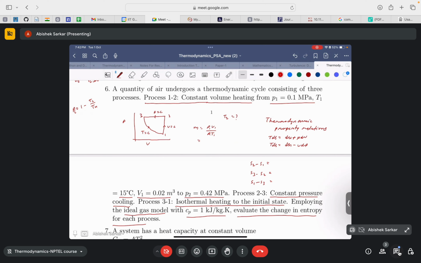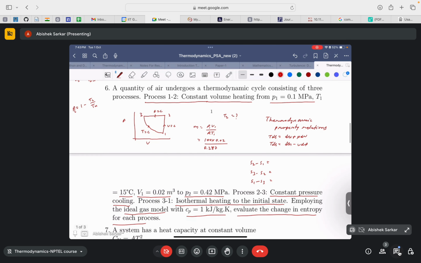P1 is 0.1 megapascal, so keep it in kilopascal, 100 kilopascal. V1 is 0.02. R is 0.287, something I didn't give, but it is the specific gas constant for air, 0.287 kilojoule per kg Kelvin. T1 is 15, so it is 288 Kelvin, right?